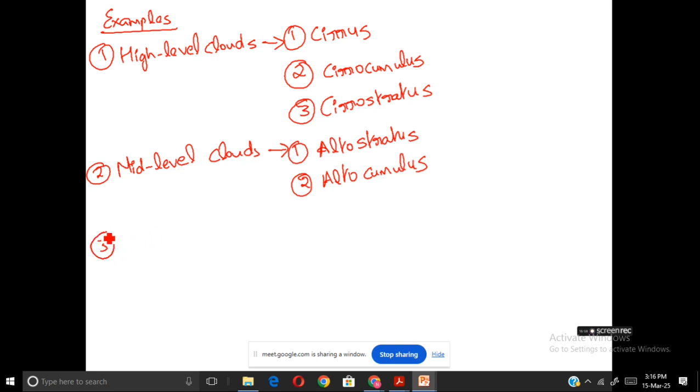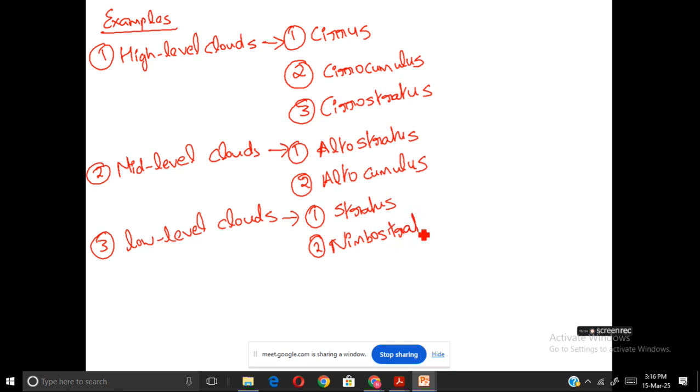Now the third one is the low-level clouds, which don't have a prefix. So the examples of low-level clouds are just stratus, then nimbostratus.